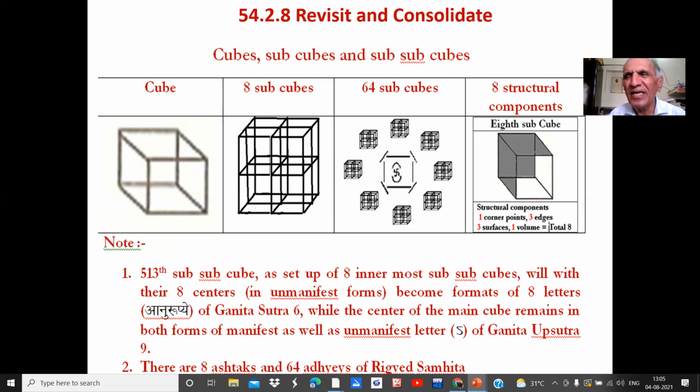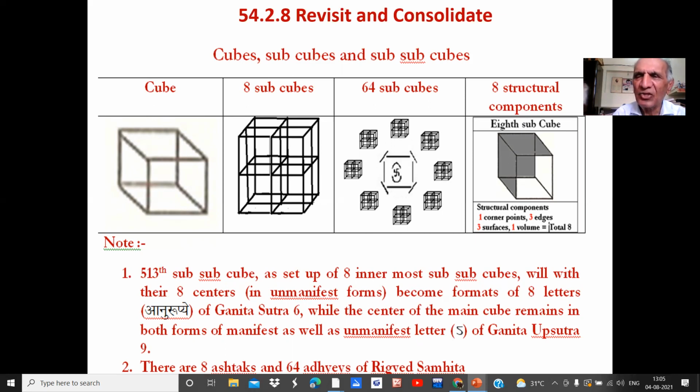Then each subcube will provide a setup of only 8 structural components. Therefore, the total structural components emerging in the process are going to be 512.